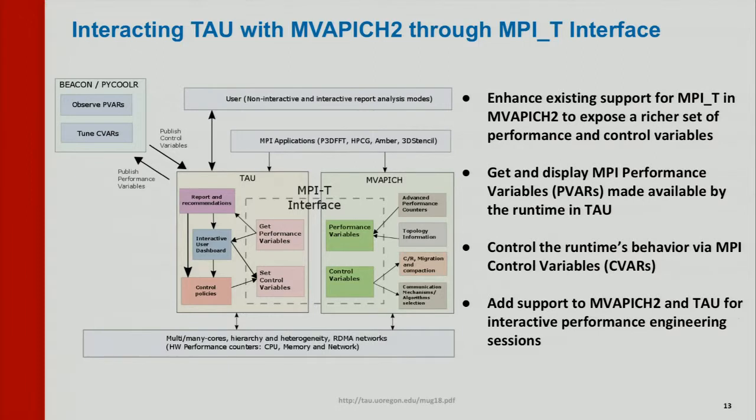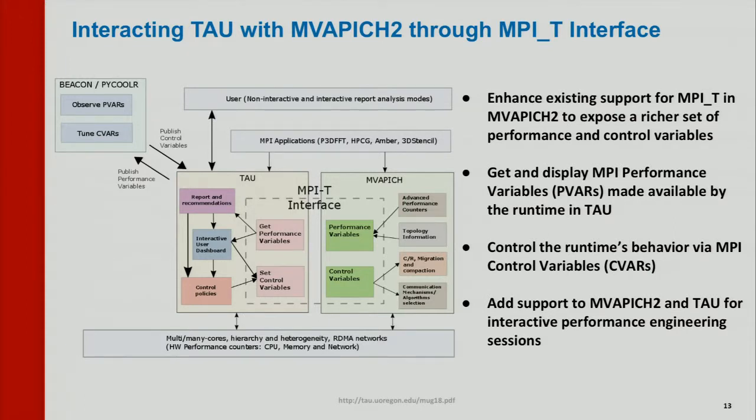With control variables, you can change that for each rank. You can change it for different code regions. So if you have an application that has different performance characteristics during the execution, you could potentially set it at different points for different phases of the application.